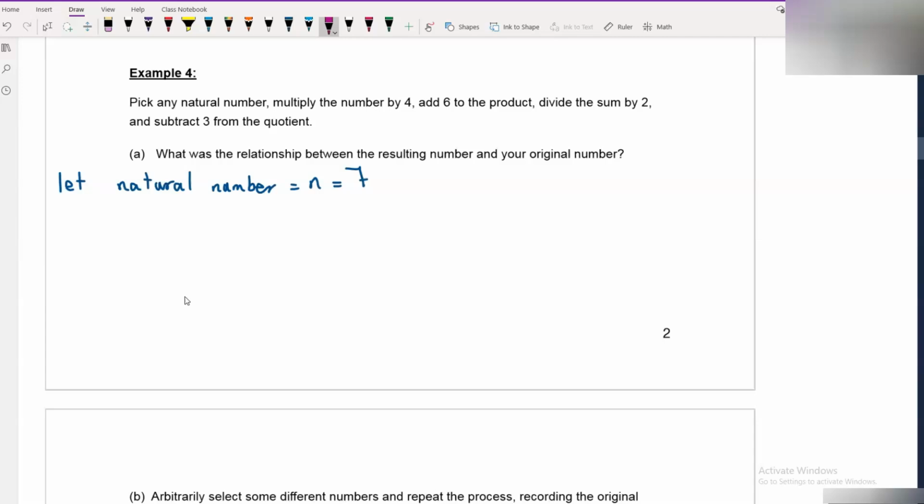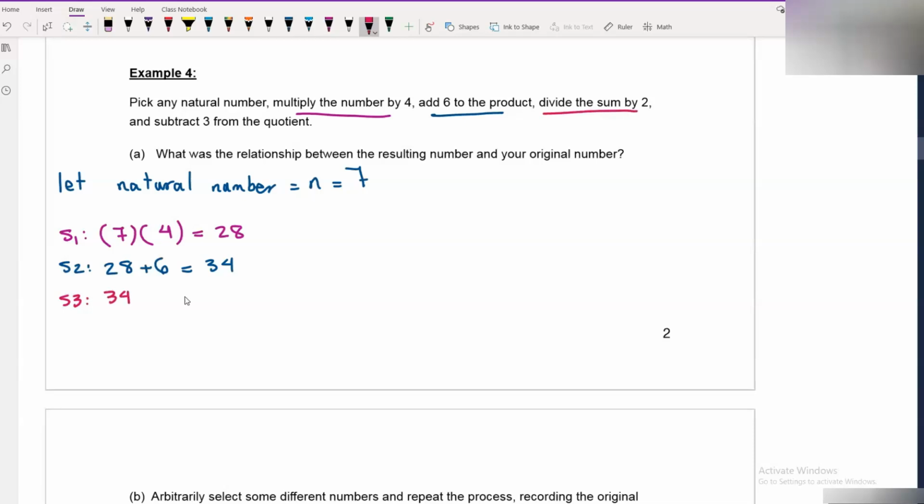Now I'm going to follow these steps. Starting at that point, we have step 1. We have to multiply by 4, so it's 7 times 4, 28. Now after that, we have add 6 to the product. So it's 28 plus 6 is 34. Next one, divide the sum by 2.